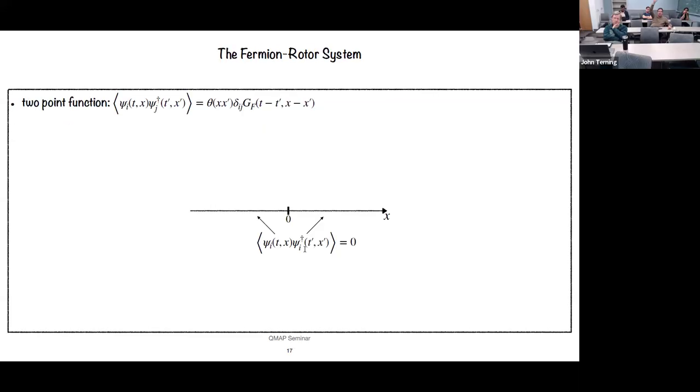Sorry, can I ask a question? Yes. Sorry to keep interrupting, but if you don't mind. No problem. Yeah, so this kind of thing is the reason that I was asking before, and I want to ask again. Once you've done this projection onto the spherical waves, there's a definite difference between the left and the right of the rotor, the monopole. Yes. But in the three-dimensional case, obviously there's not, right? Yes, there's not.